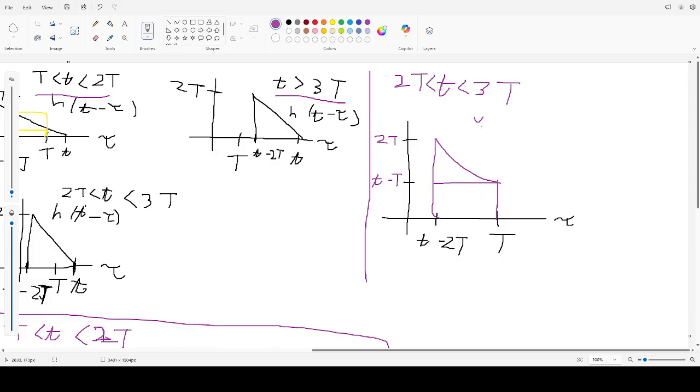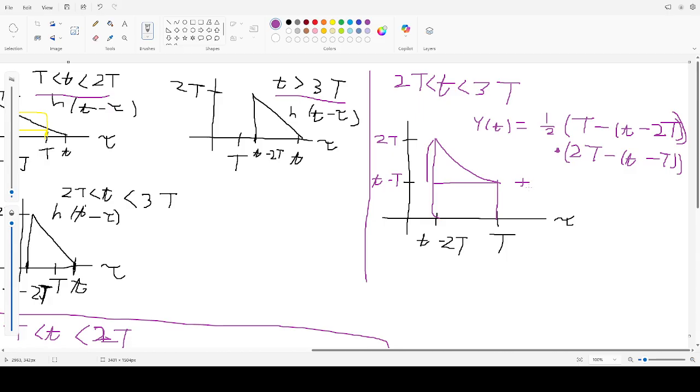So we've got y of t. Again, we've got a rectangle and a triangle. The triangle is 1/2 times the base, which is big T minus little t minus 2 big T, times the height of the triangle, which is 2 big T minus little t minus big T. That's from here to here.